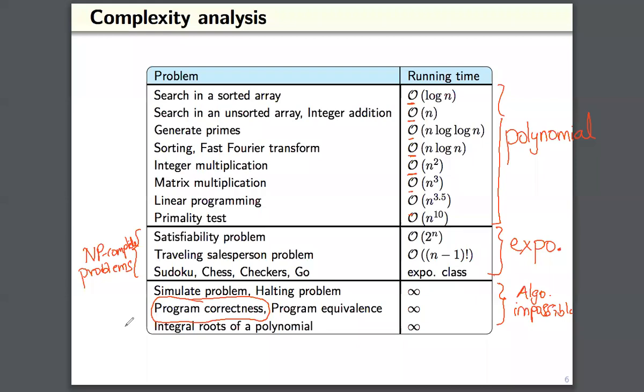You cannot develop such a software or algorithm. Why? Because there are some inputs for which that software takes an infinite amount of time.